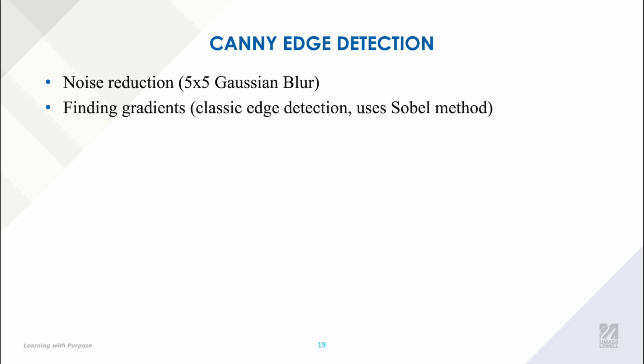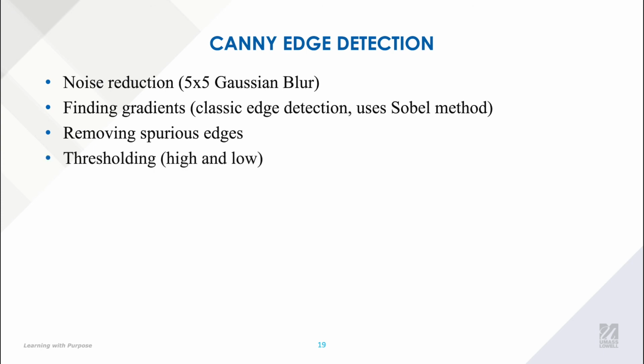Then it goes through and finds the gradients using the Sobel method. Typically, you can actually choose what method you want, but we can just leave it at Sobel, which is the default. We remove some spurious edges using an algorithm that's a little bit complicated. And then we end up doing some thresholding on the edges. So we have a high and a low bar for the thresholding, and everything in the middle gets counted. And this is going to be your main tunable parameter as you're playing with the Canny edge detector.